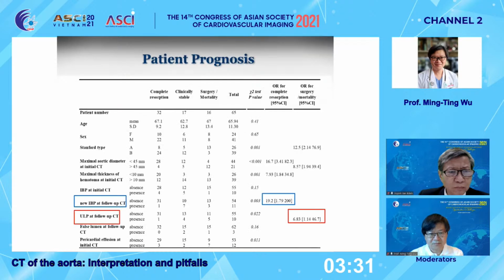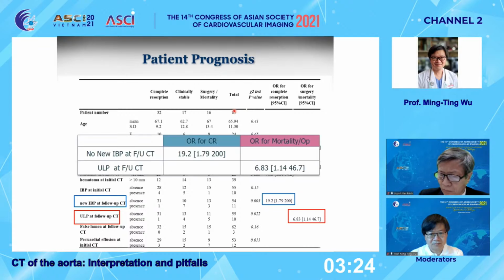I did a follow-up study of 65 cases and found that ulcer-like projection is related to an increase of mortality and operation 7 times. But presence of intramural blood pool will cause difficulty in complete resorption.